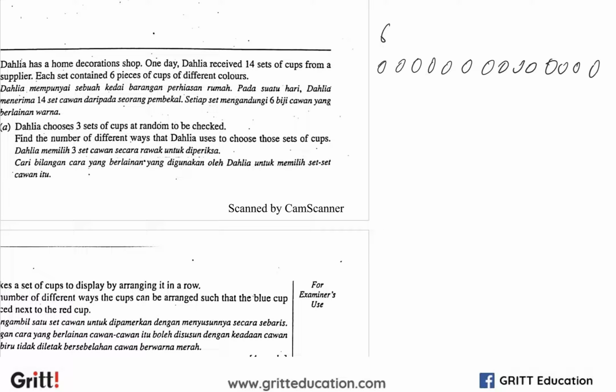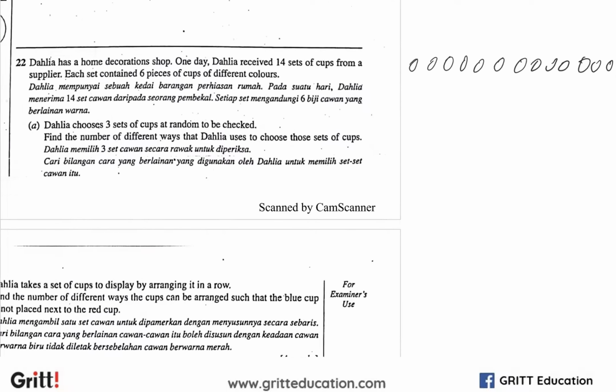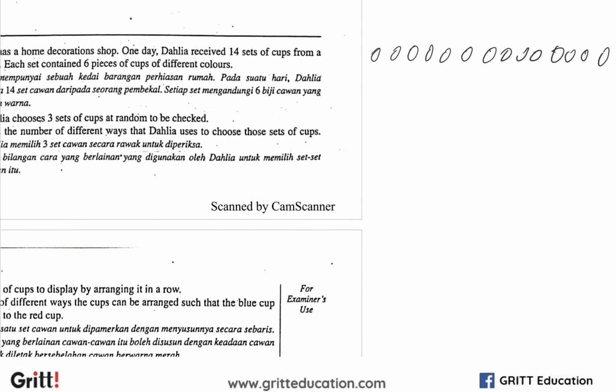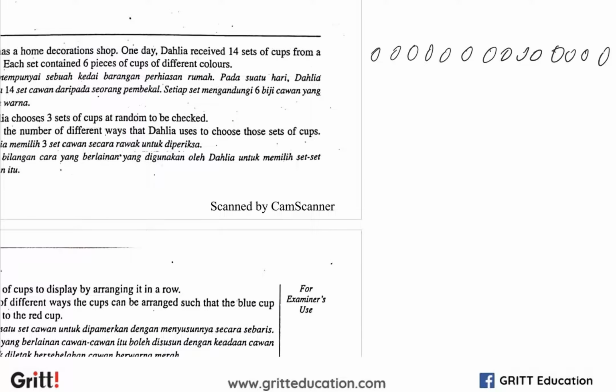So now, what you get is that it says Dahlia chooses 3 sets of cups. So what is the number of different ways that Dahlia uses to choose those sets of cups? Now, what it means is that out of 14 sets, they choose 3. So how many ways can you do this?